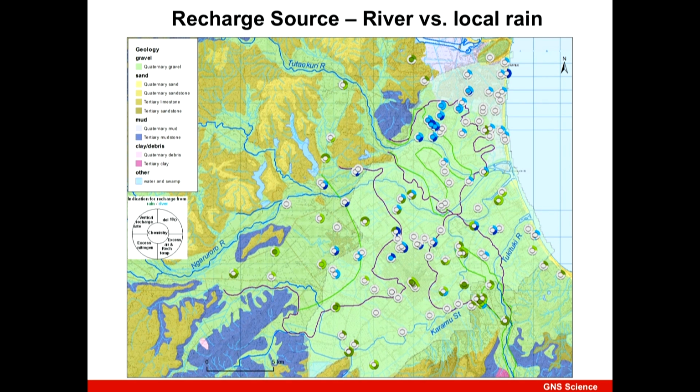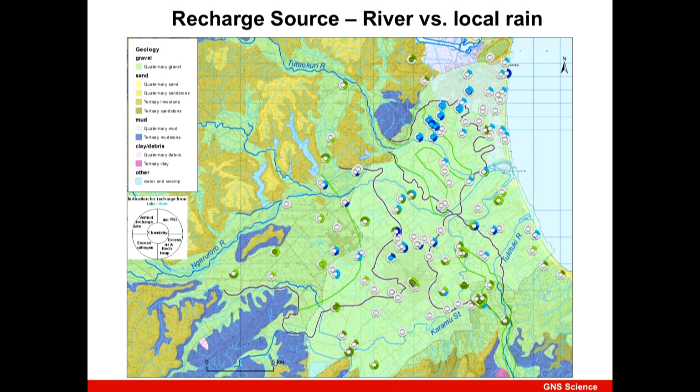And this is some of a significant figure now for the Heretaunga Plains, which has kept me very busy over the last weeks. What we see here is we have these symbols, and the green color represents local rain recharge, and the blue color represents river recharge. So what is very clear here is that all of these groundwaters down here are recharged from rain.